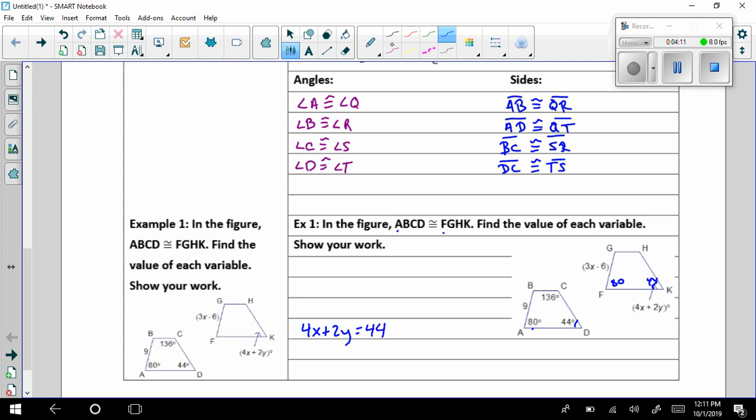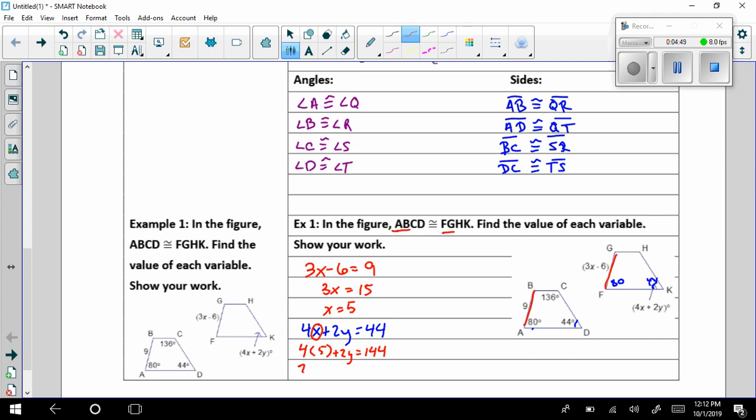Well, because that has two variables, that doesn't really help us yet. So we go back up here and look at the sides. So GF and BA are congruent, which means that we also know that 3x minus 6 is equal to 9. So using inverse operations, we can solve that out, adding 6 to both sides and then dividing by 3. So we know that x is 5. Well, we can then use our substitution property to say, okay, well, 4 times 5 plus 2y equals 44.